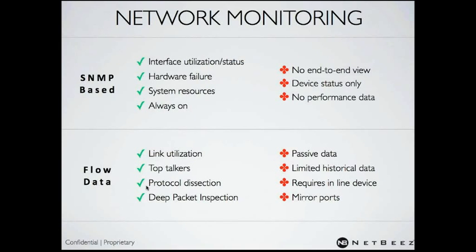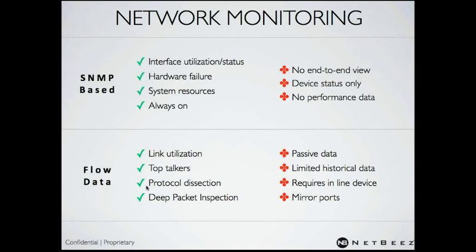So traditionally in network monitoring, we've got these two options, SNMP-based and flow data. The problem is these tools that are available aren't providing all of the data that's necessary to support enterprise networks. You probably have a tool that belongs to one or the other, or probably both of these two classes.